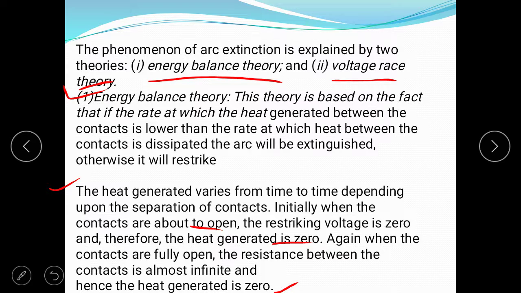Simply, it means initially when the contacts of the circuit breaker are yet to be open, there is no current, or in the second case when the contacts are completely open, there is infinite resistance between the contacts, due to which there is no heat generation. So the arc will not be developed between the contacts of the circuit breaker.